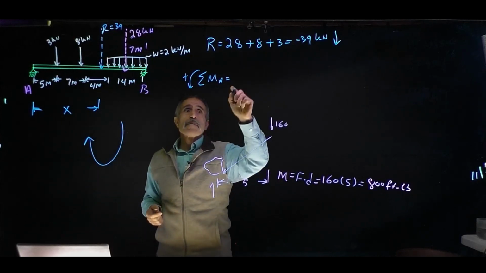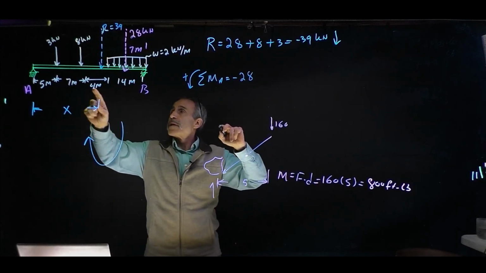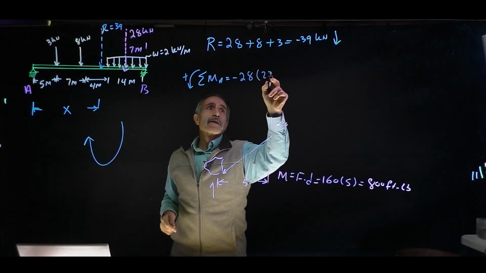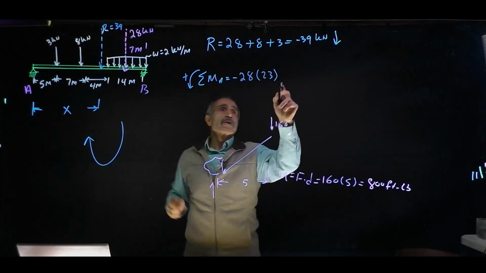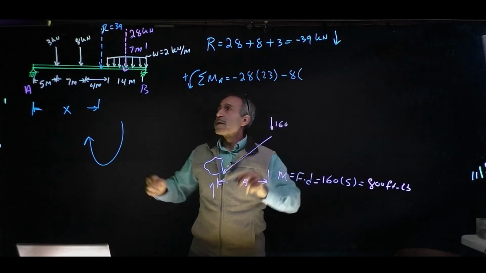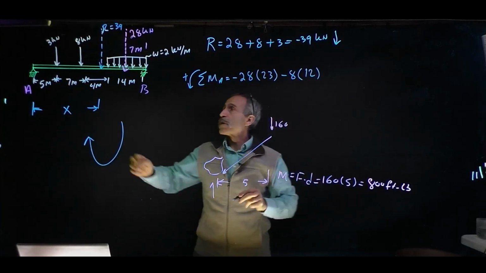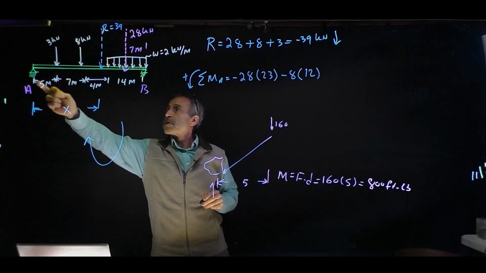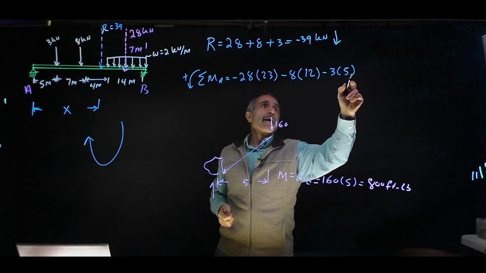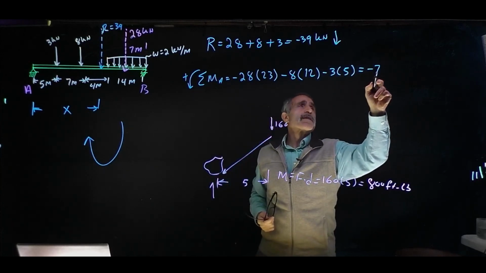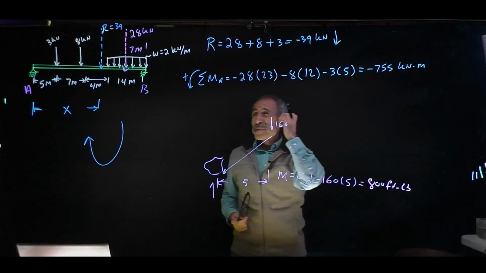So it's going to be minus 28 times 23 meters. The next force is 8, so it's minus 8 times 12. And the next one is this force here, which is about 5 feet away, so minus 3 times 5. That comes out to minus 755 kilonewton meter.